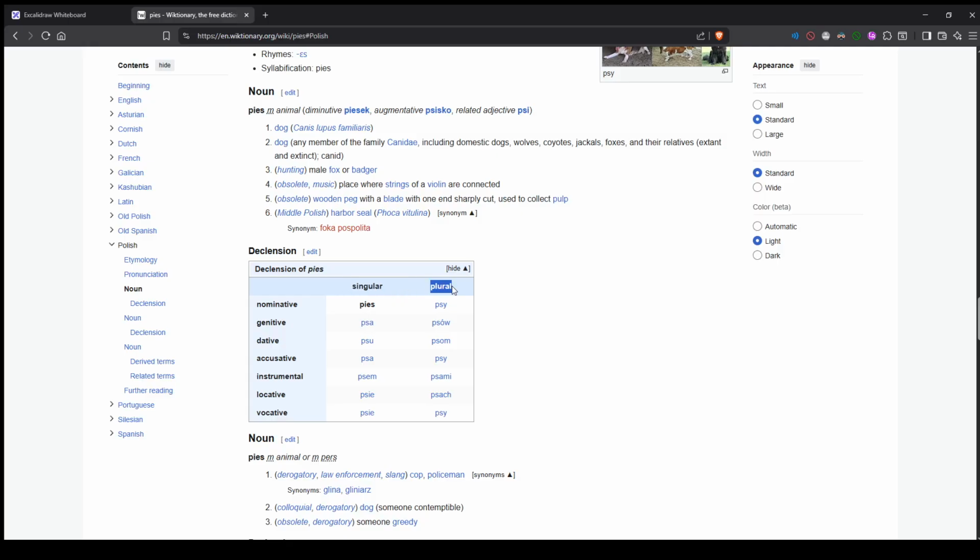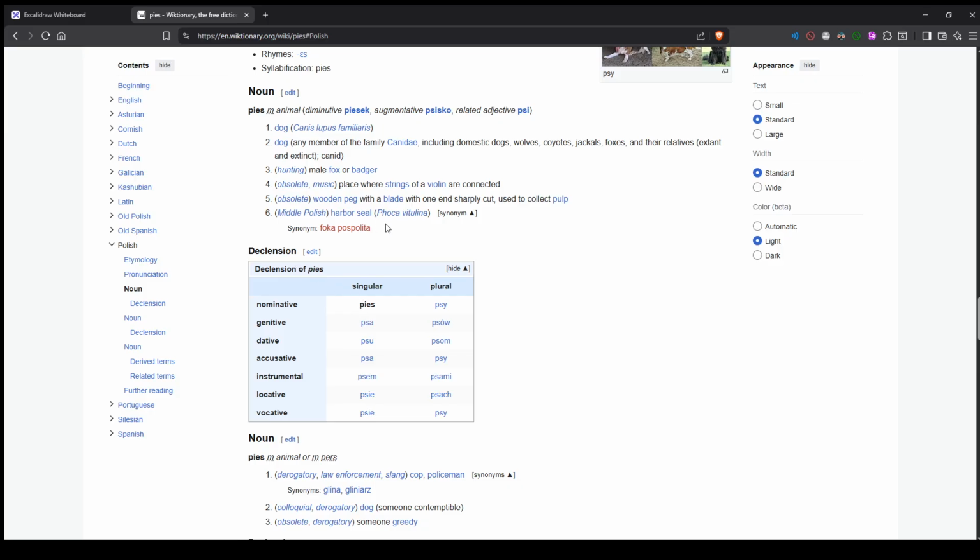And also, there is a difference between singular and plural, right? So there is a whole transformation or different forms for singular version and also a plural version. Okay? But that is how you can find your table of declension or table of cases for your noun of choice.